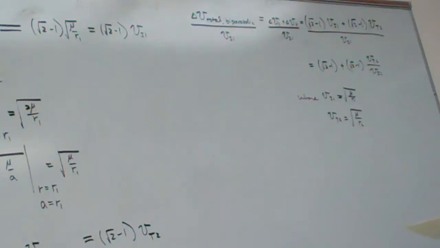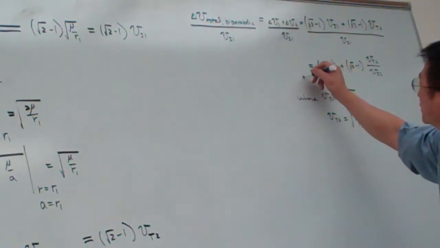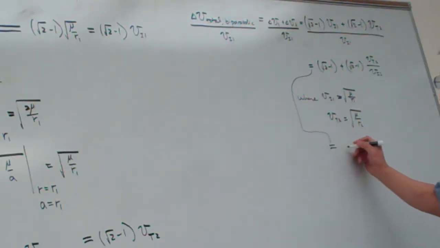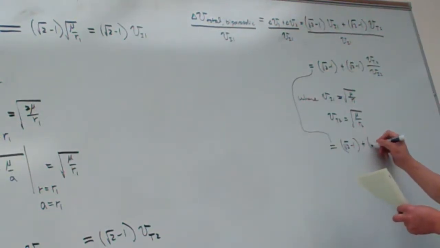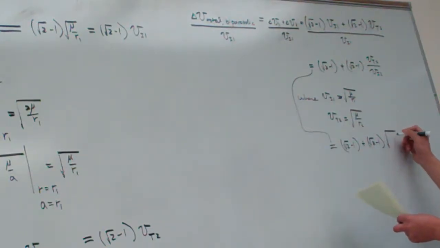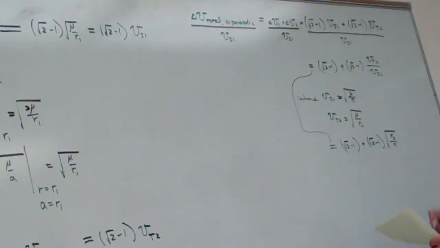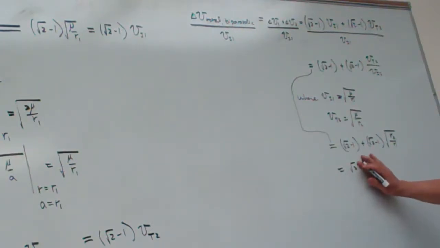So therefore, in this way, the equal sign will be equal to this one, R2 over R1. Okay. So further, that is this one.